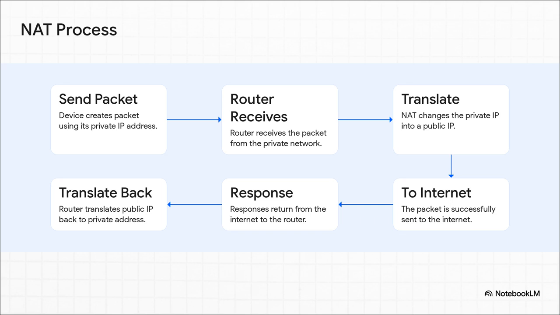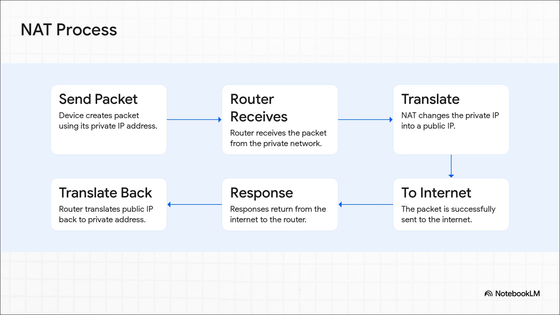Step 4, that packet travels out into the wild internet under its new public identity. Step 5, the website replies, sending the response back to your router's public IP. And finally, Step 6, the router translates that public address back to your laptop's original private address and delivers the data. The crazy part? Your laptop never even knows the translation happened.